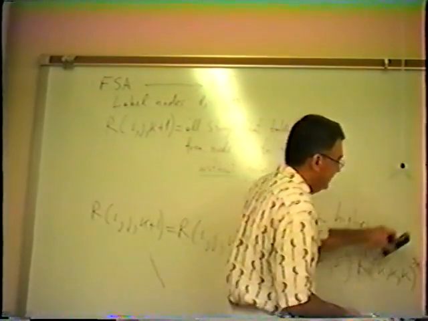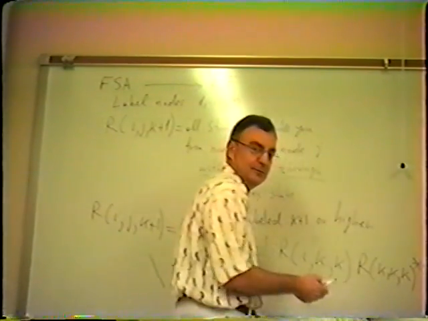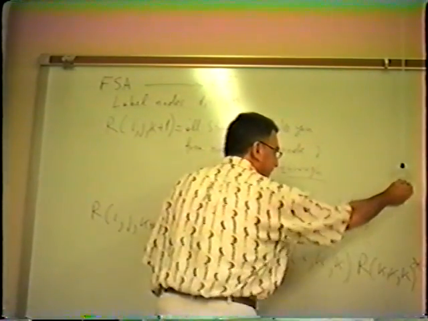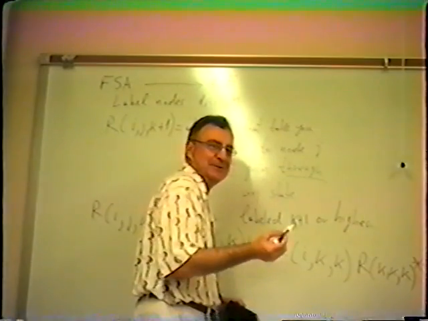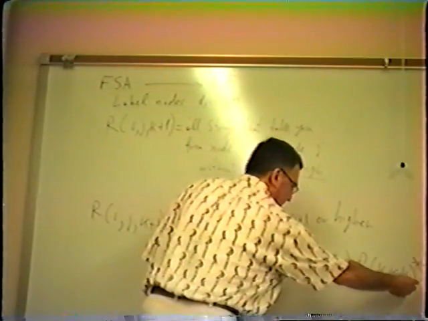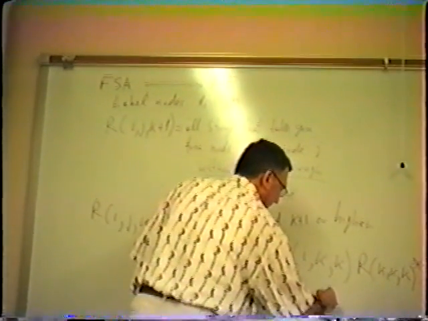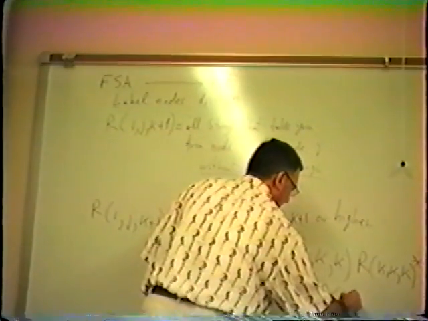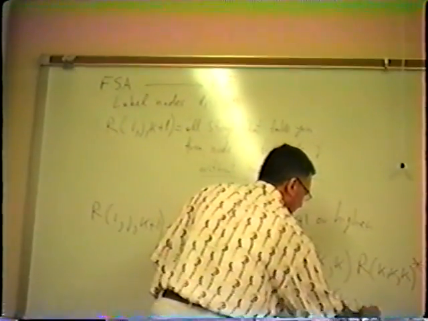Oops, we're outside the range here. Okay. This is our marker here for the camera. So you continue this here, concatenate from k to j without crossing k.